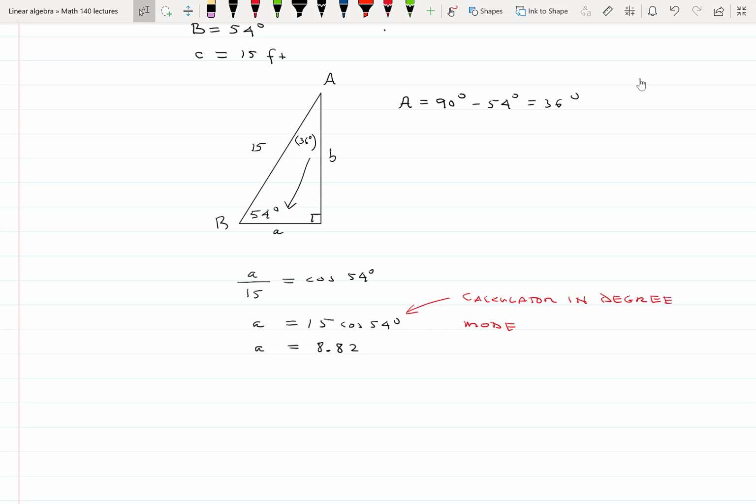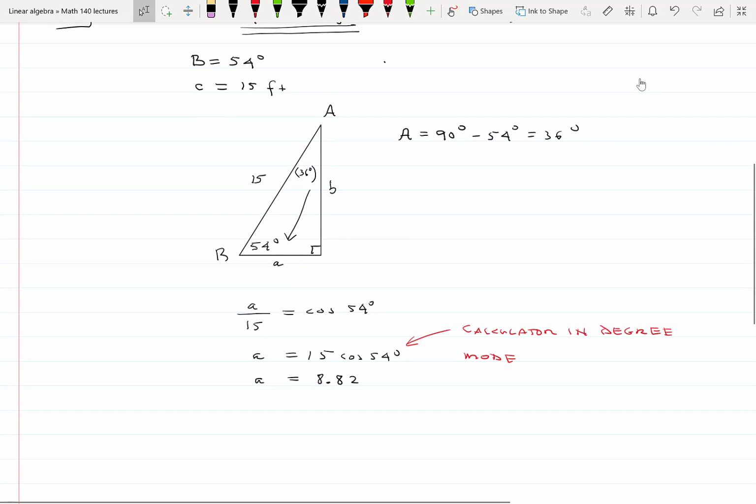It would be a blunder in chemistry to state the answer is 8.82, and the reason for that is called significant digits or significant figures. You see, my data were given to 0 decimal places of accuracy, so technically, I need to express A rounded to the nearest whole number.